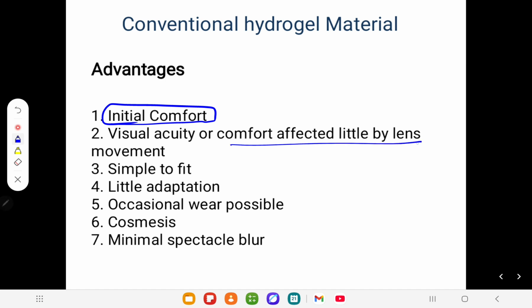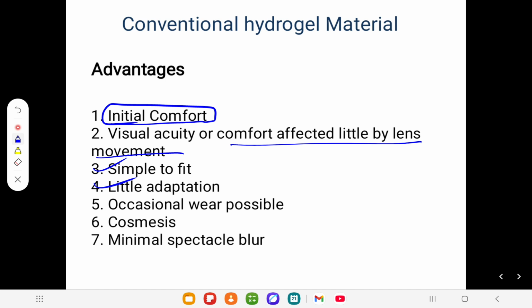Lens movement is little, but in the case of RGP, lens movement is huge. Simple to fit, it's always simple, isn't it? Very simple to fit, and not complicated to examine also. And little adaptation, because an RGP lens needs like 30 minutes. In soft contact lenses, even for the examination, we need only 5 to 10 minutes.